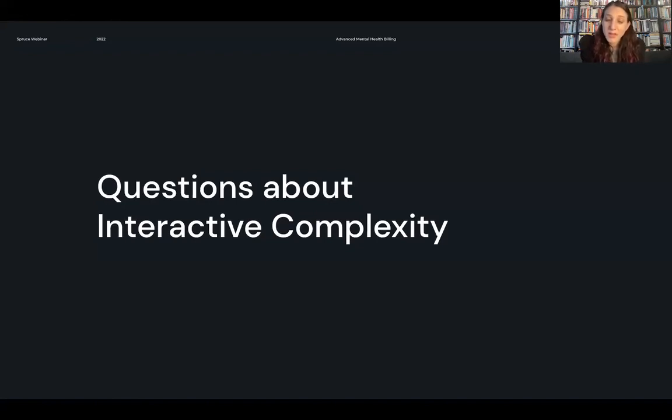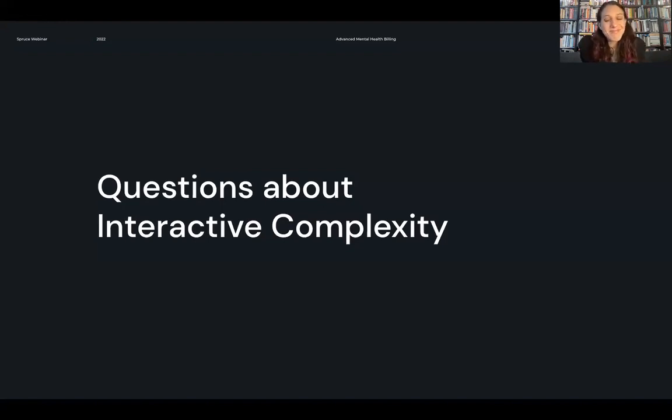Can you use interactive complexity code for EMDR modality? I'm not absolutely sure whether interactive complexity would be something that would be used with EMDR.